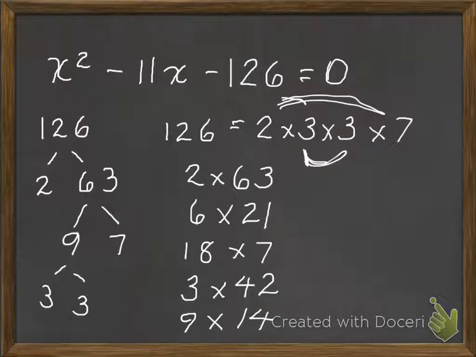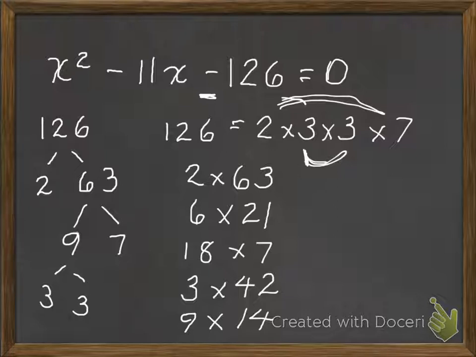Okay, now we think about the signs. These have to multiply to give us a negative product here. So we need to get that negative product. Negative times a negative is a positive. Positive times a negative is a negative. So the signs have to be different. We know that.